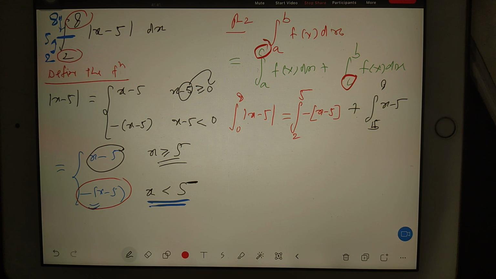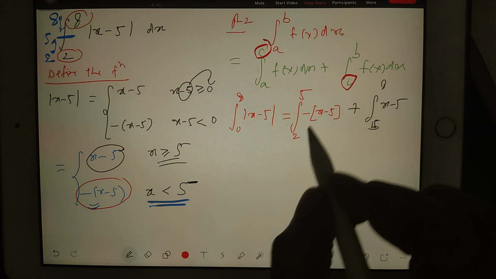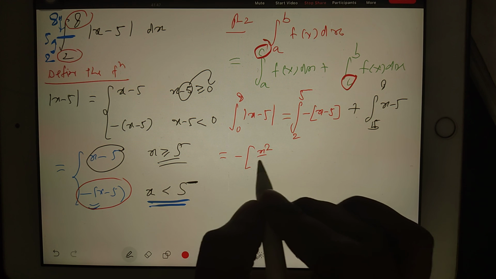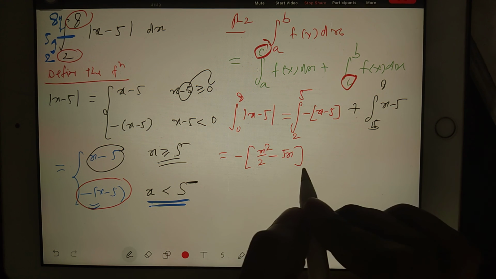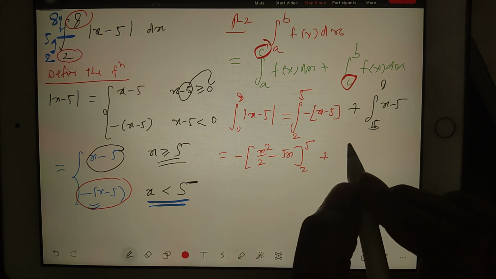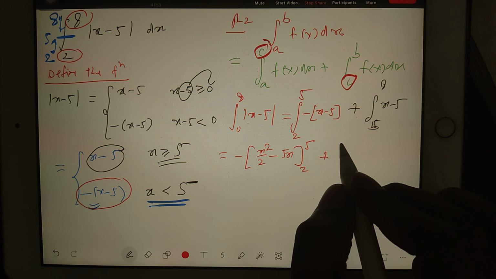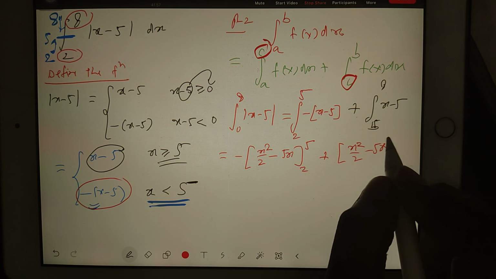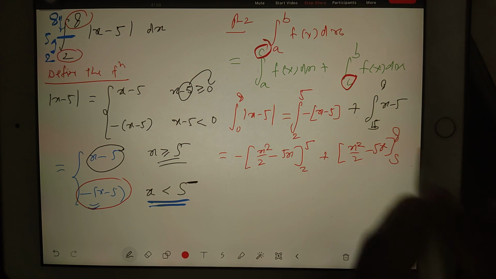Okay, now in the next step you simply solve this. So minus sign you take outside, x square by 2 minus 5x, limit 2 to 5, and plus x square by 2 minus 5x, limit 5 to 8.